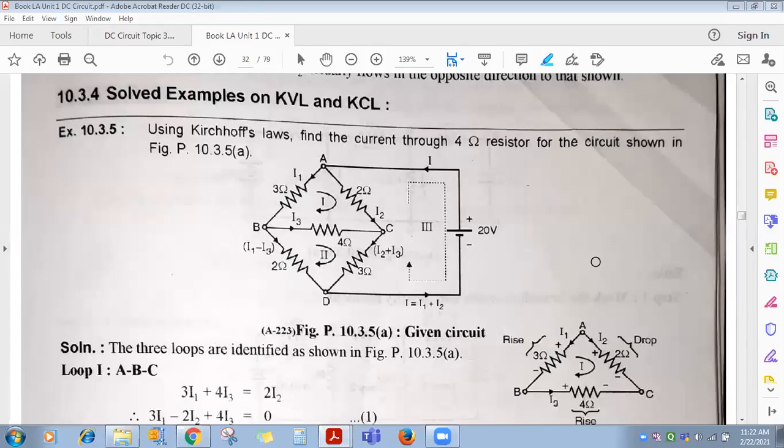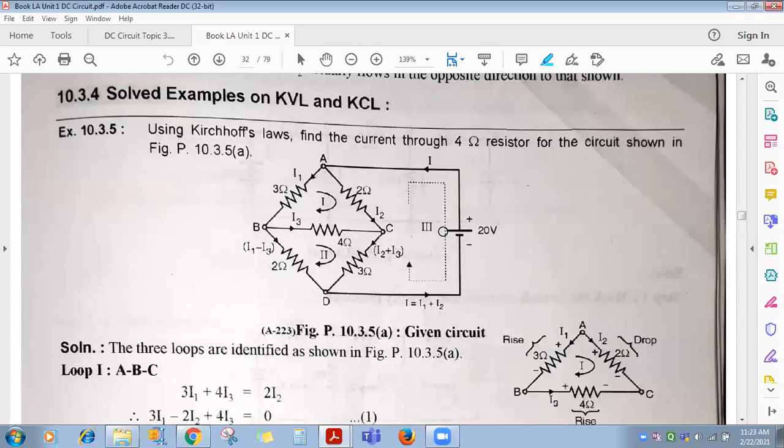How many unknown parameters are here? 3. 3 unknown parameters, right? I1, I2 and I3. Once you know the values of I1, I2 and I3, you can easily find out I. So we'll consider only 3 unknown parameters, that is I1, I2 and I3.